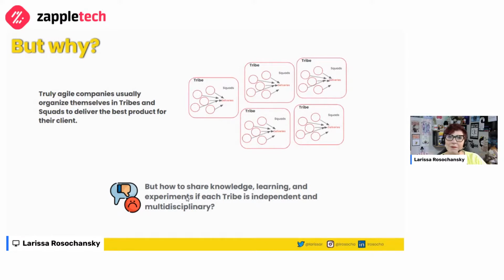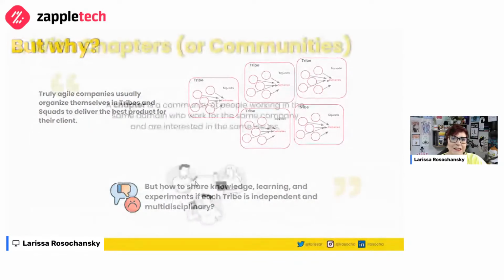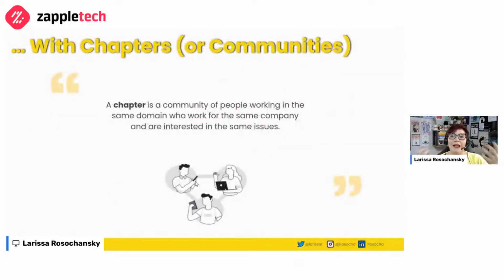How would the teams know what was going on? This was something that we were considering. And that is where this tool, this instrument that can really help us, is the chapter, or communities, or guilds.